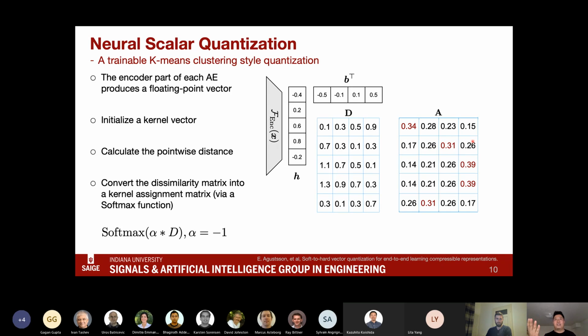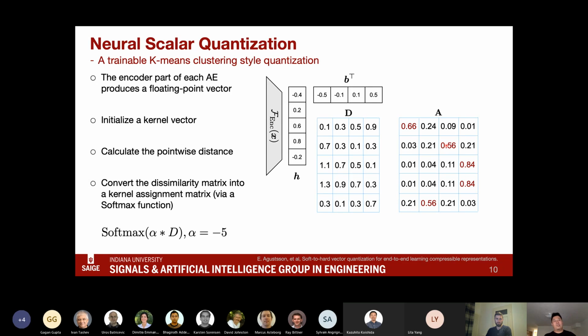It's not so deterministic when it makes the decision. But if I try a larger alpha in terms of the absolute value, you can see that the greatest probability becomes even larger, while the others are getting closer to 0.